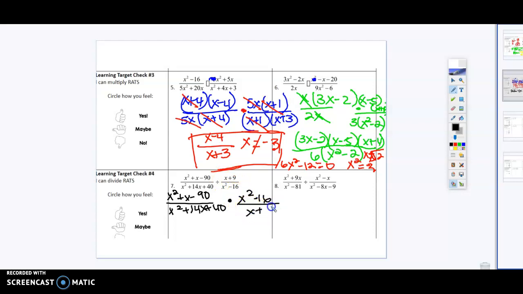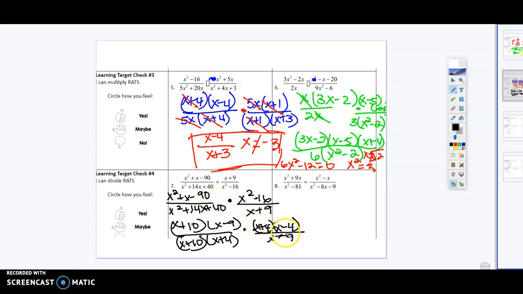So that's going to give me, in the numerator and the denominator, okay, when I factor, I'm going to get x plus 10, x minus 9 over x plus 10, x plus 4, times x plus 4 times x minus 4 over x plus 9.